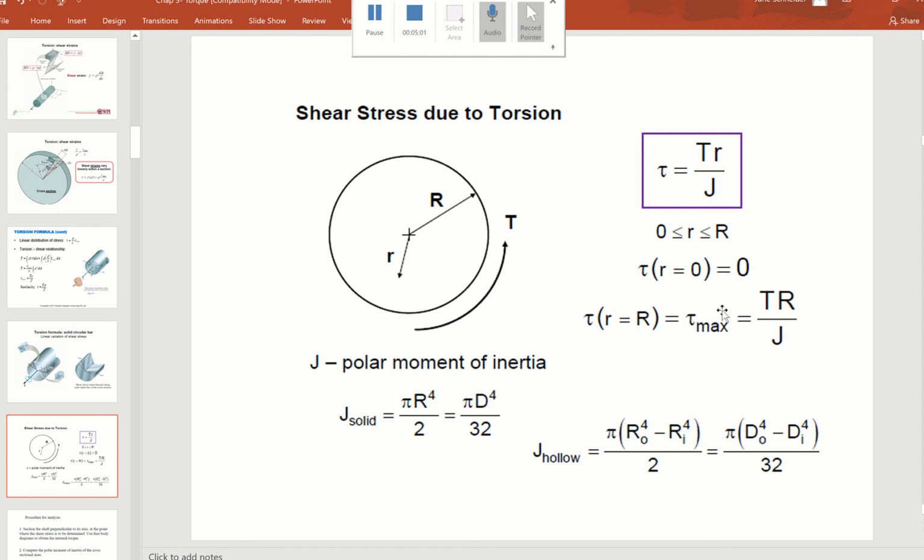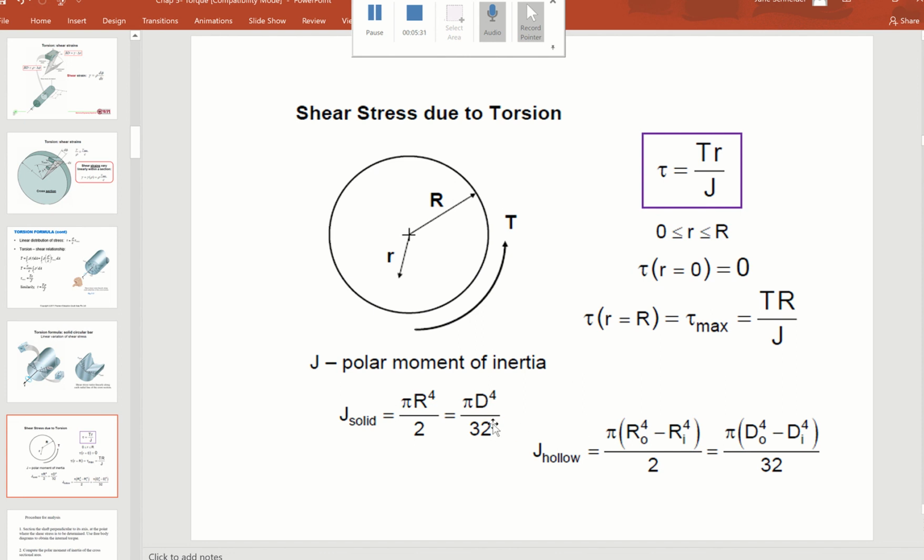Knowing that, we have a formula for shear stress: internal torque over J, and J is the polar moment of inertia. The polar moment of inertia for a circle is pi r to the fourth over 2. Those are the concepts you will be using in the next video for examples. If you express that in diameter, it will be pi d to the fourth over 32.